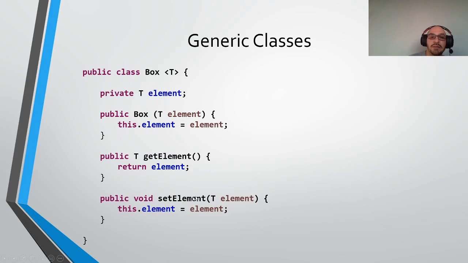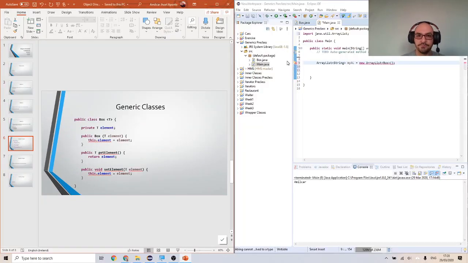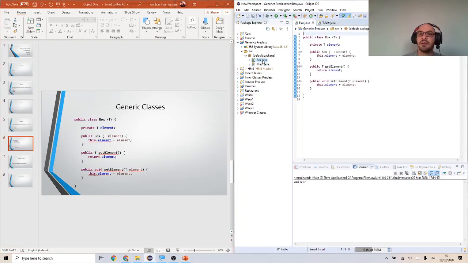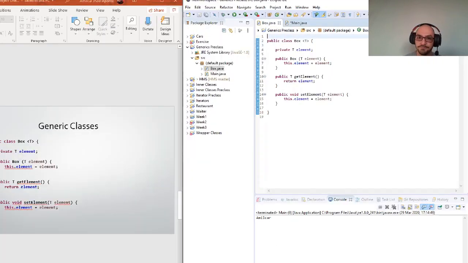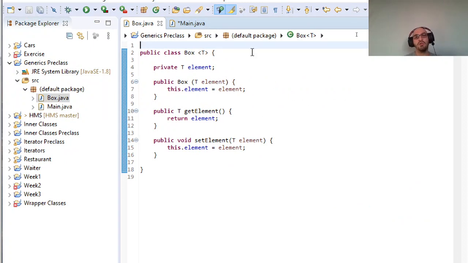And the setElement that is going to take a parameter of the type T, whatever T is. So let's take a look at this. That is exactly the sample code that I have put up on Moodle already. So take a look at that and make sure you understand that.